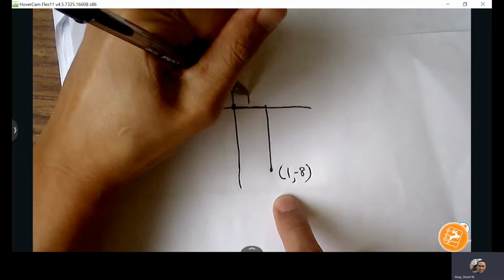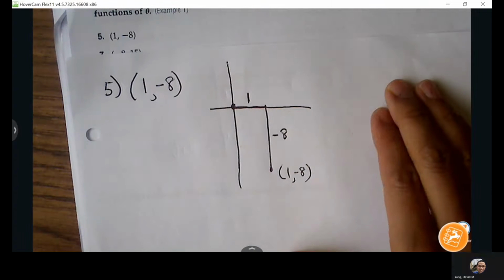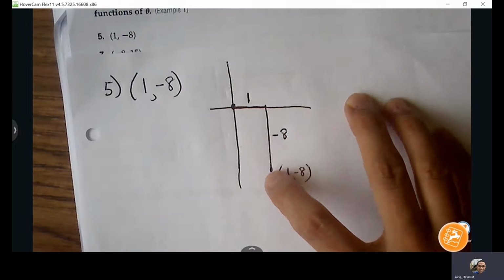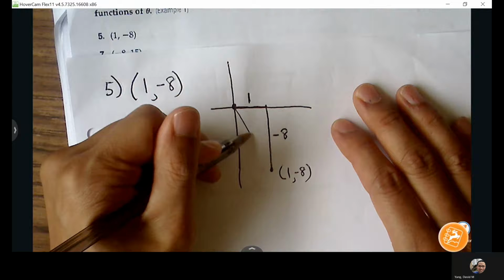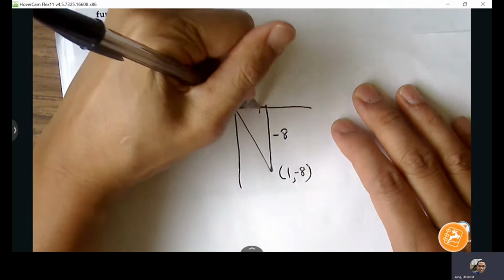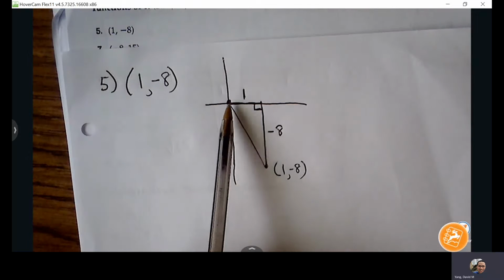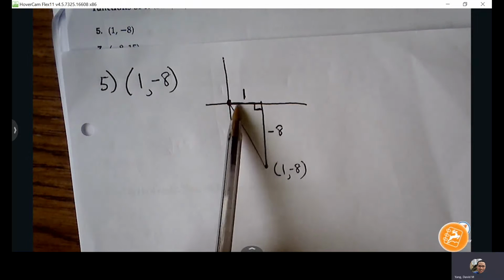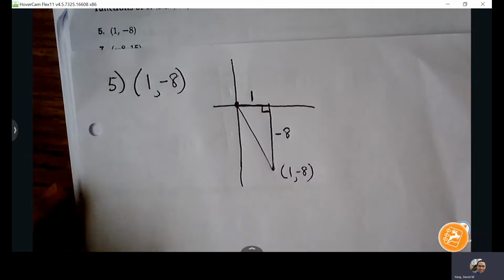And as you do that, go ahead and label whether your legs are positive or negative here. And make sure that your triangle is attached to, or touching, the x-axis. All right, what's next?